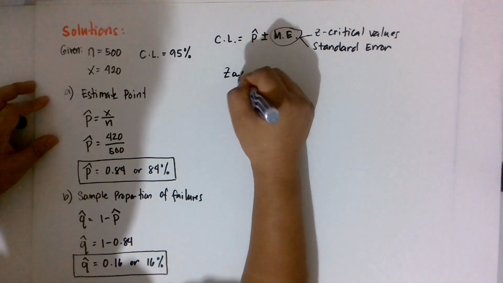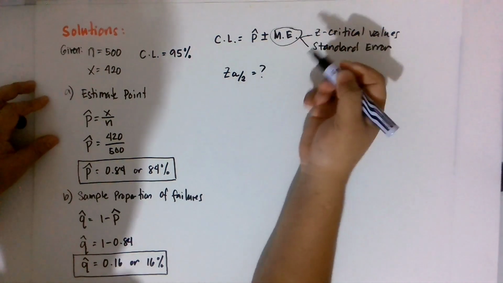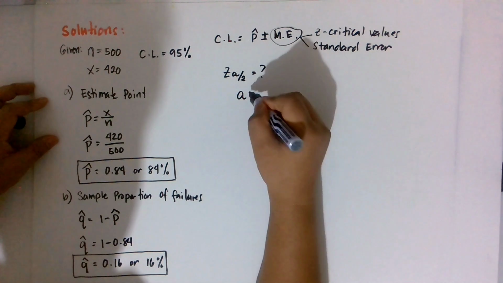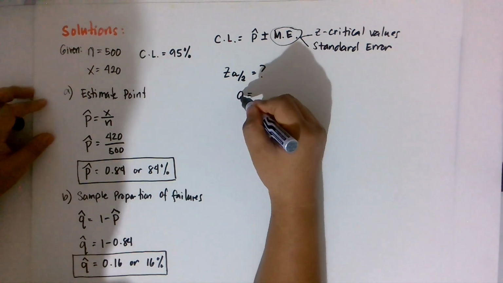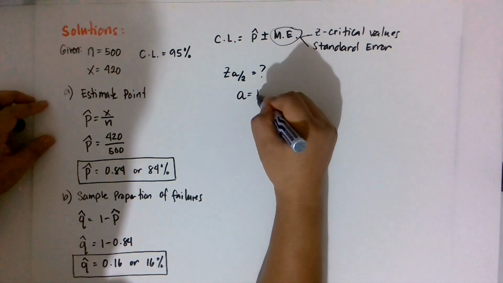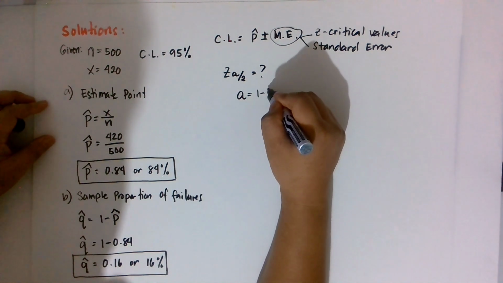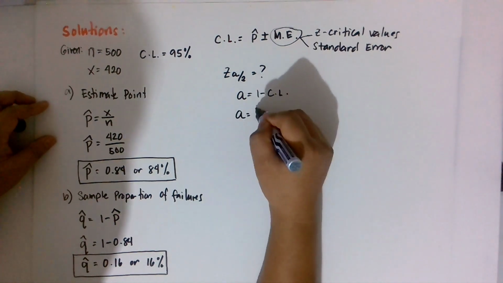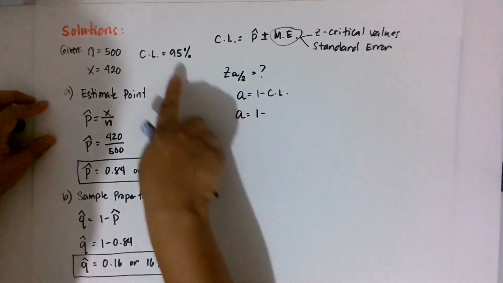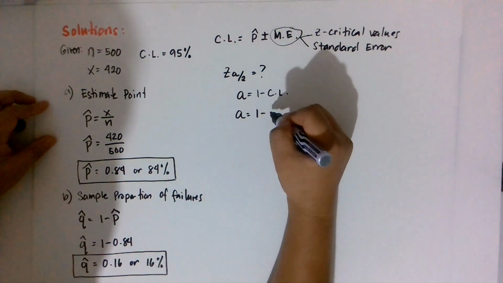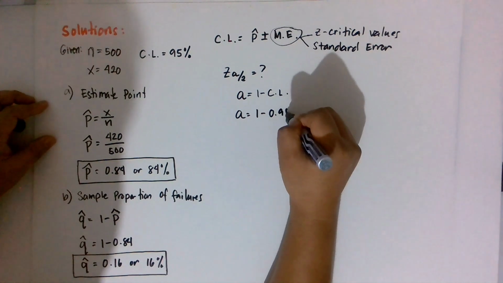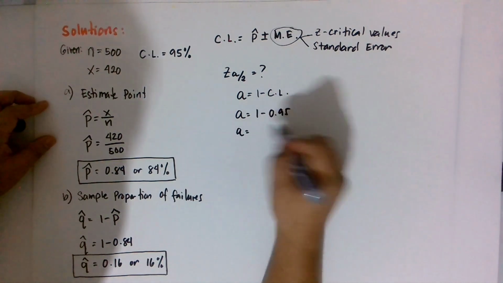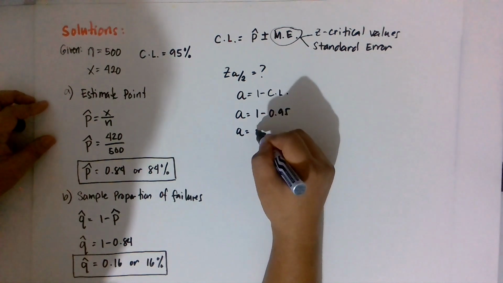Unahin natin tong Z critical value na ang notation ay Z sub alpha over 2. Now, alpha is equals to 1 minus confidence level. So, our confidence level here is 95%. So, 1 minus 0.95. Okay, therefore, our alpha here is 0.05.